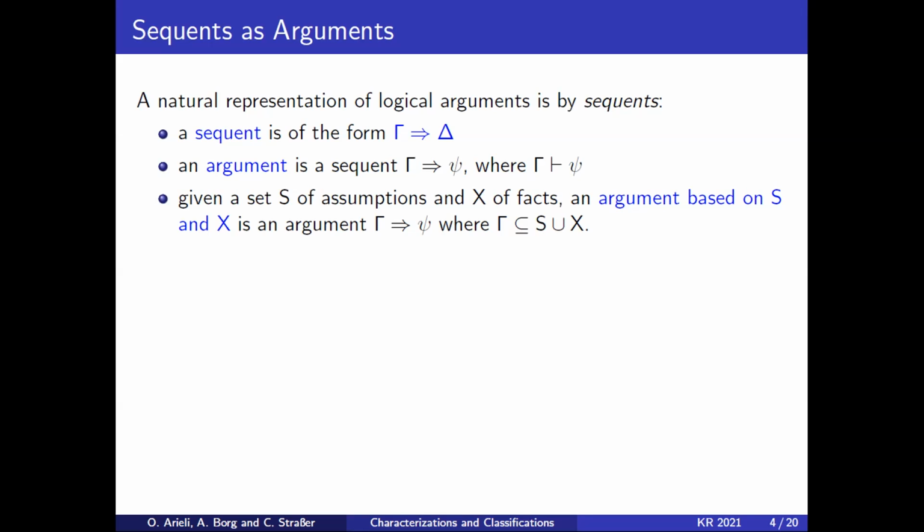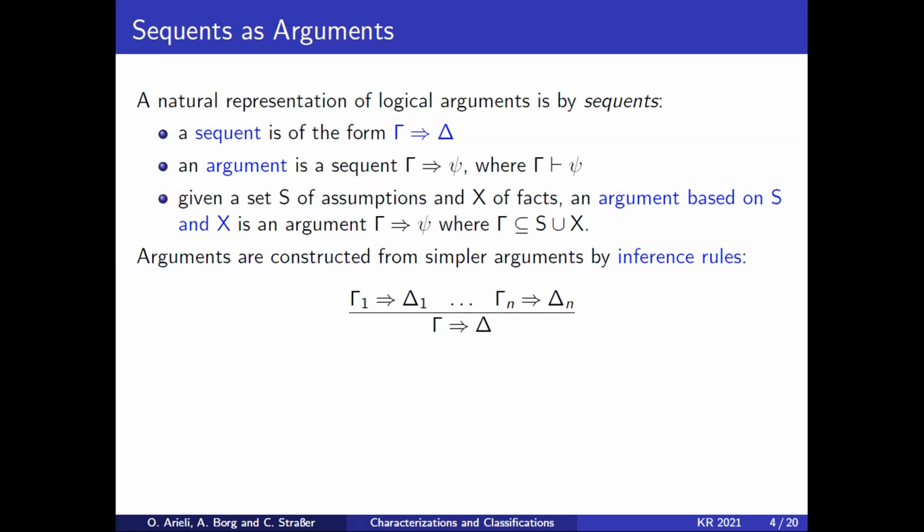Now, unlike most other work on logical argumentation, we make a distinction between a set of assumptions and a set of facts. And an argument based on these assumptions and facts is then an argument where the support set, so in this case, gamma, is a subset of these assumptions and facts.